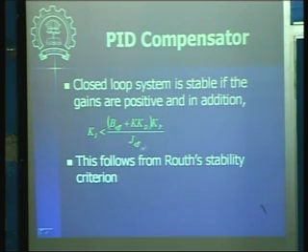Okay, the system will be stable if this integral gain is less than a particular value, which is in general dependent upon the derivative gain, proportional gain, and motor or your manipulator parameters. So this implies that if Ki is increased beyond a certain value, your system is going to go unstable.